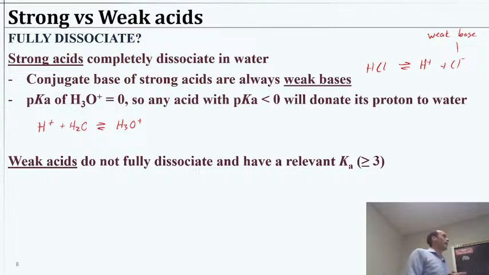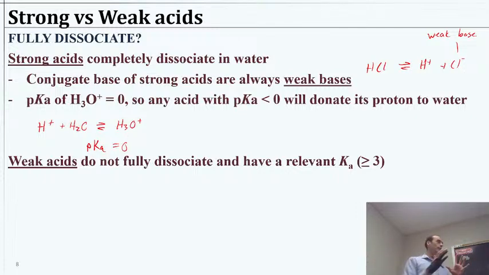Regardless of what we say about it, one thing we can note is that the pKa for this reaction is 0, and that kind of defines the limit of acidity for water. So that means that any pKa lower than that for some acid is just going to cause the formation of this, which is effectively protons.